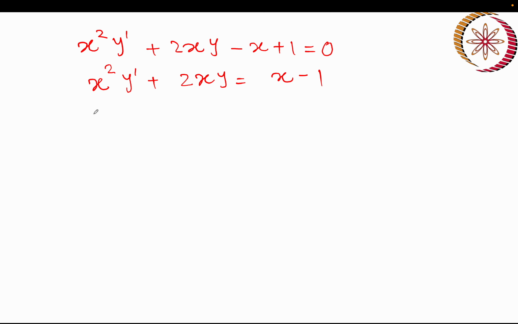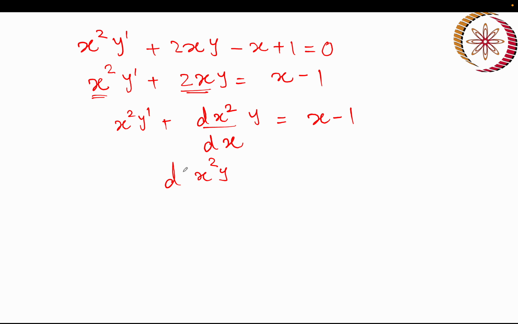Okay. So if we see this x square, and this is the derivative of that, so we can just write x square y prime, and this is d x square y by dx, and x minus 1. So we can see that this is nothing but d of x square y by dx and x minus 1.